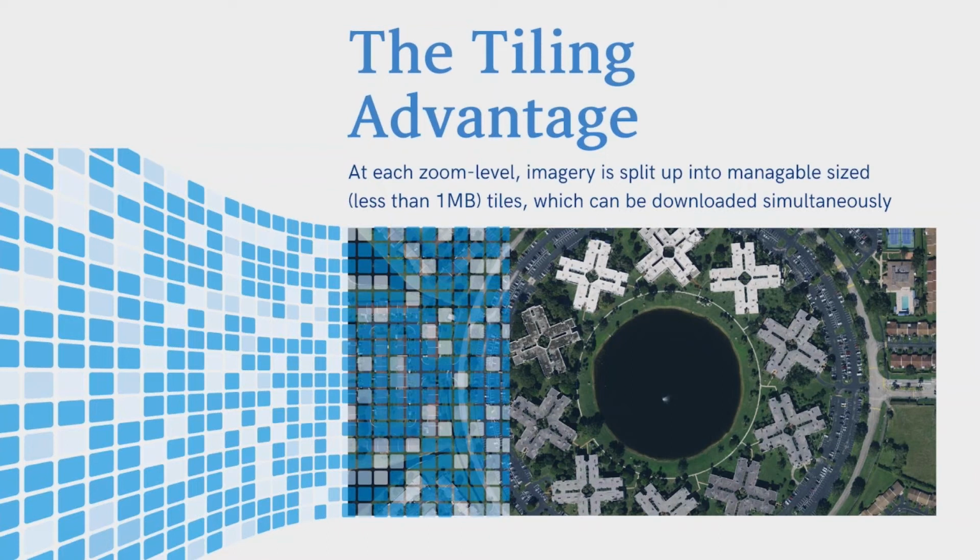changed the game completely. For many of you, you might understand how this works on a technological level already, but essentially we're just breaking down a very large, very detailed image, which could be many terabytes in size, into more manageable bite-sized chunks, each one under a megabyte typically, which can then be downloaded rapidly and simultaneously over the web.